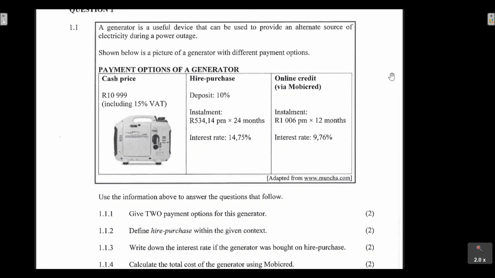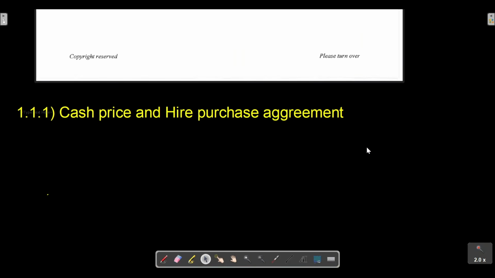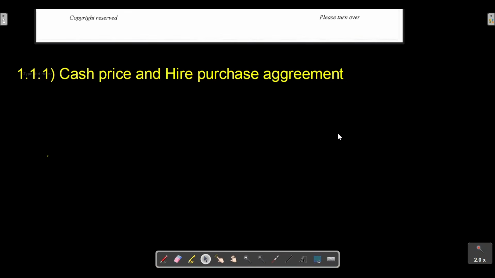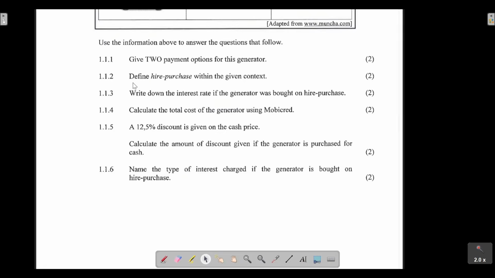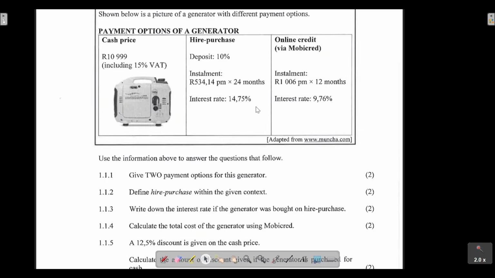You can say cash price and hire purchase, or hire purchase and online credit, or cash price and online credit. Any two would do. So the two payment options I'm going to write are the cash price and the hire purchase agreement. You can name any two of the payment options given here.